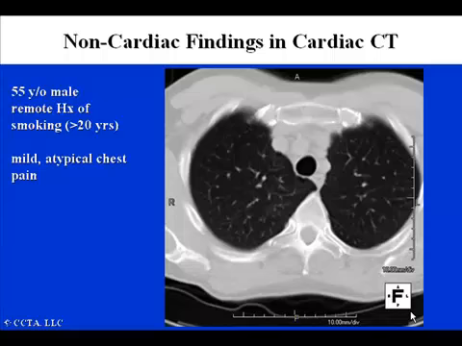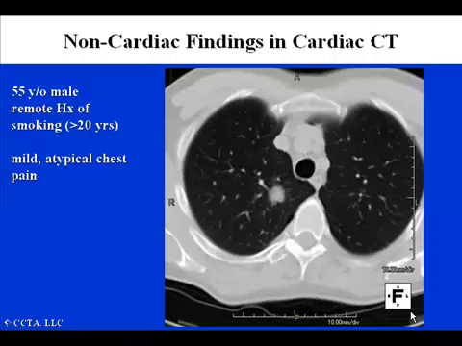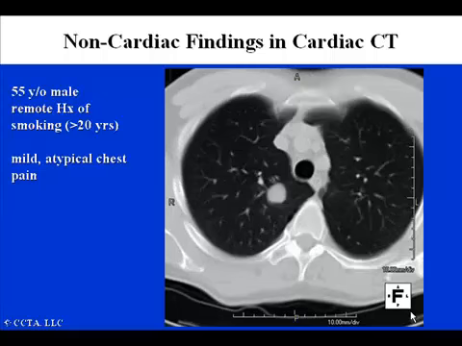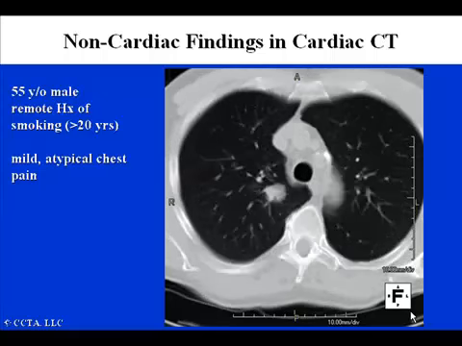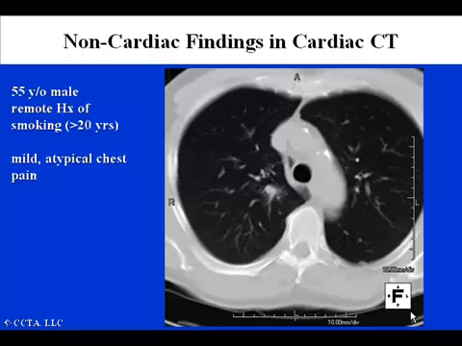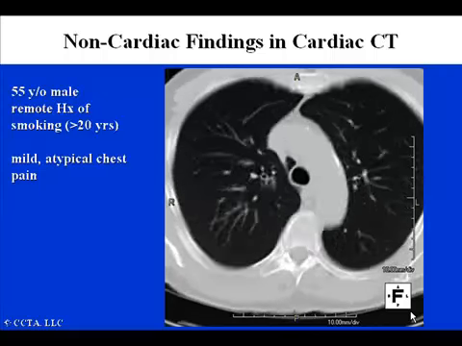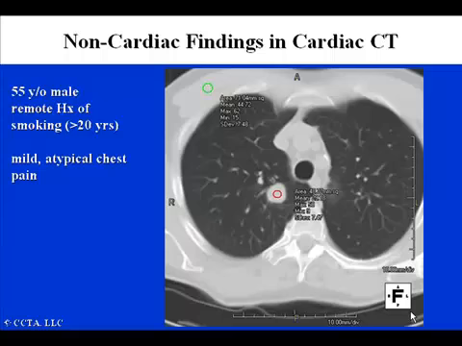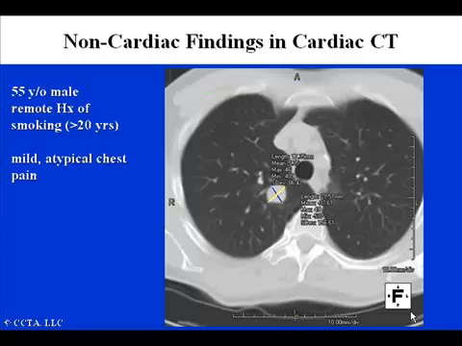As we move down the tomographic images, we notice that there is a right upper lobe soft tissue mass of a particular size, which is singular in character. Its overall density is very similar to standard soft tissue and measures approximately 17 by 21 millimeters.